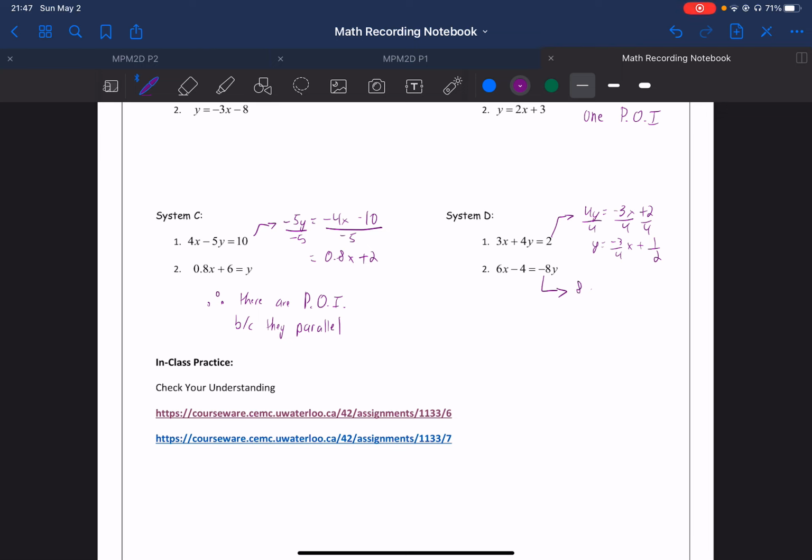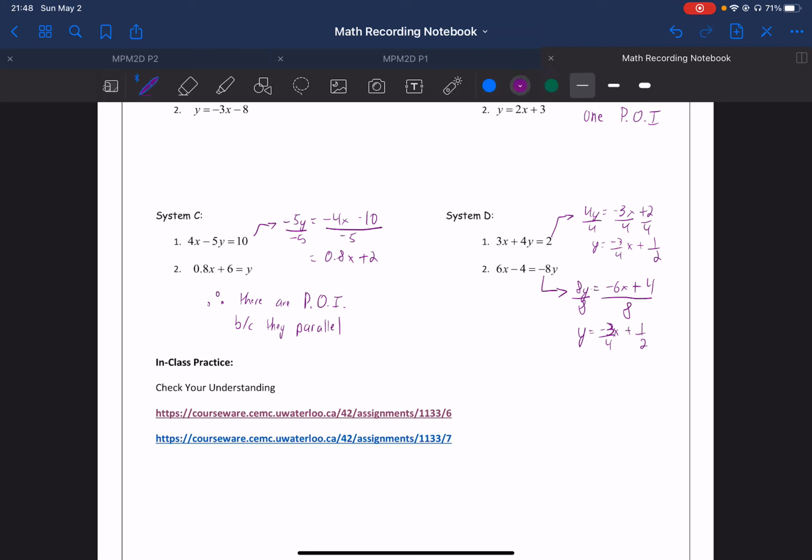So I'm going to bring this over to the positive side. I'm going to do negative 6 plus, because I brought it over to the other side, 4. Let's divide it out and get y equals negative 3 over 4x plus 1/2. You're going to notice something here. These are the same.